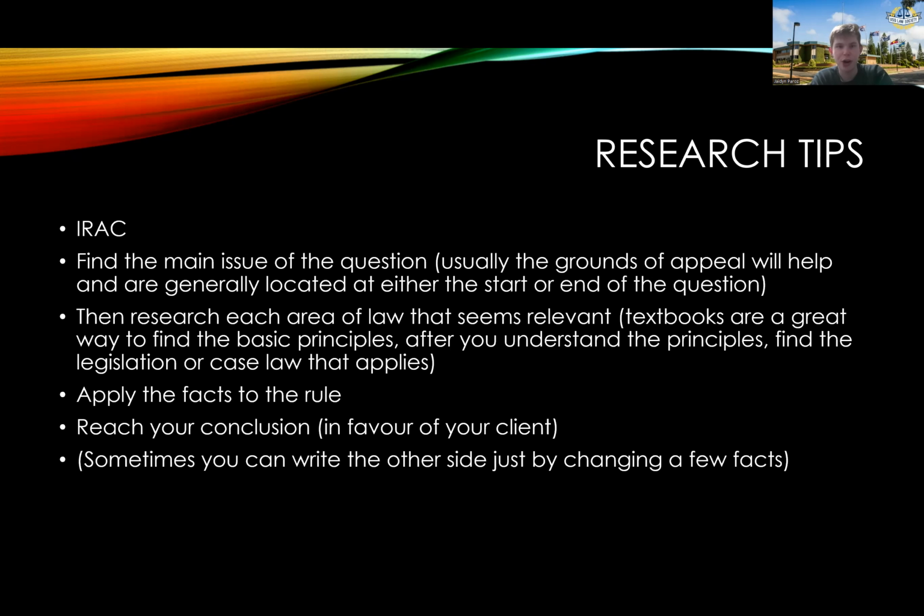But essentially, if you are researching for a moot and, for example, the championship moot doesn't give you any cases at all, you just have to go from scratch. Just use IRAC. A lot of you would have heard this from legal writing and research. It starts with the issue, so find the main issue of the question. That's usually within the grounds of appeal. So we'll quickly swap over to the question.